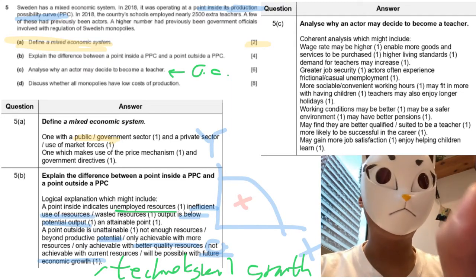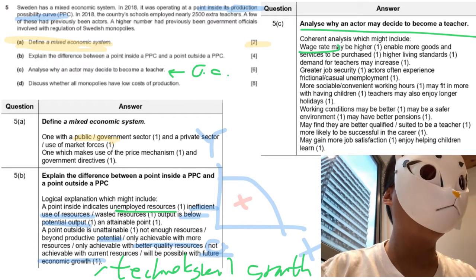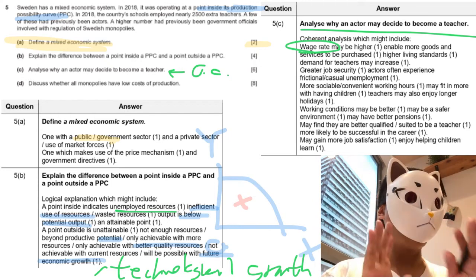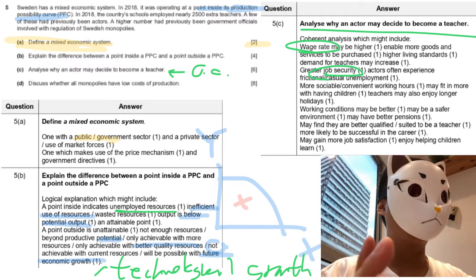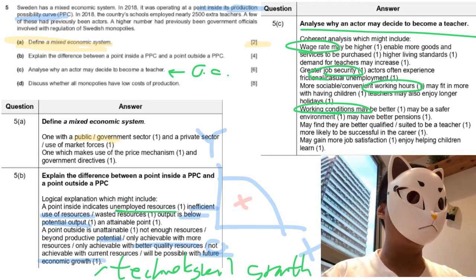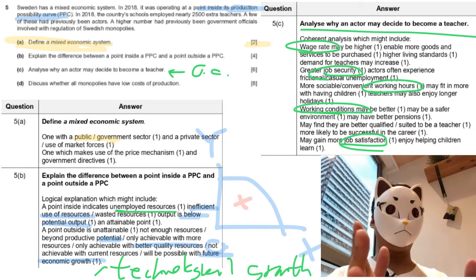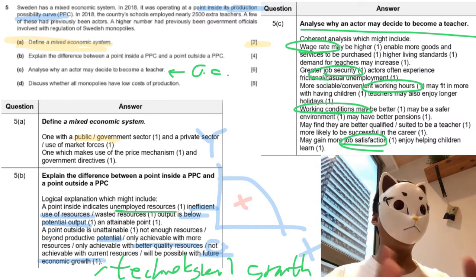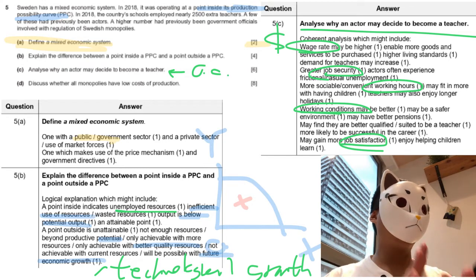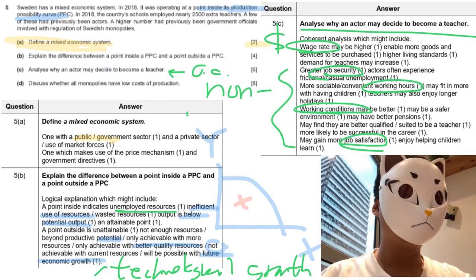In the marking guideline, it talks about all the benefits, including wages, job security, working hours, working conditions, and job satisfaction. All these are about the benefit of being a teacher, including money, wages, and non-monetary.